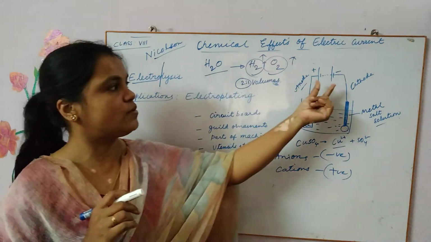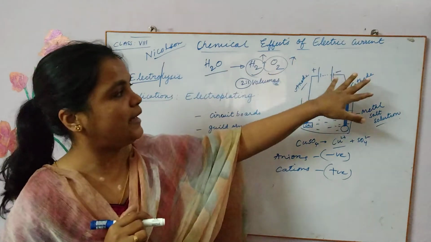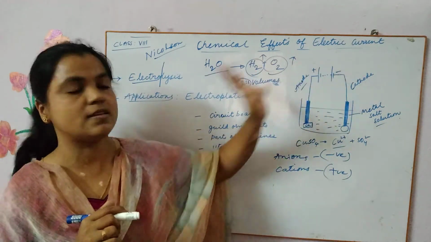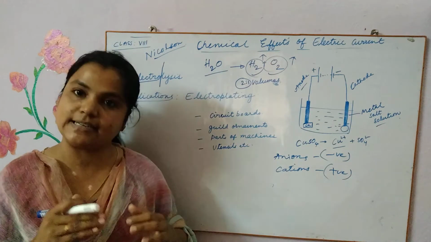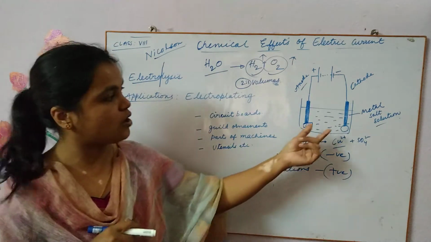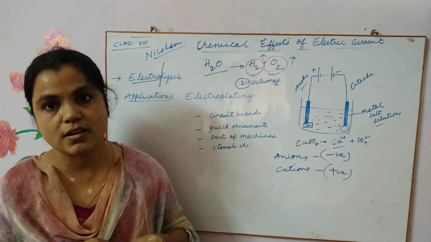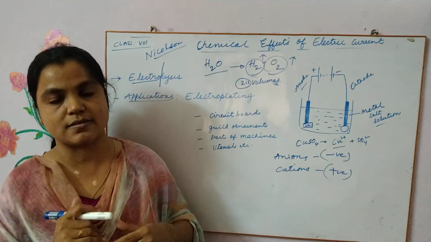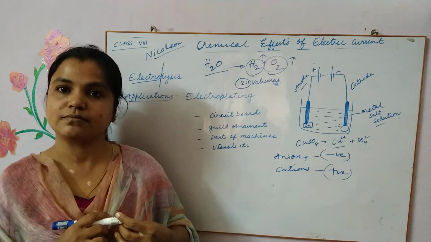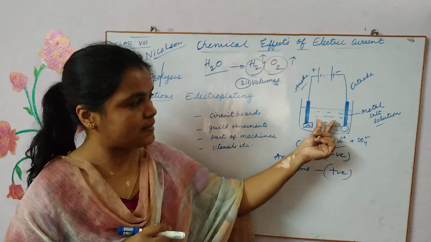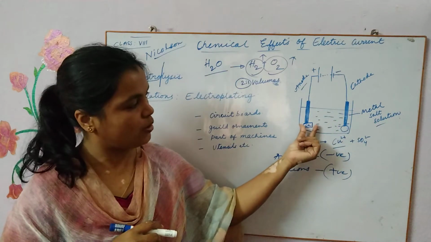Now what happens when you switch this on? When you make this circuit a closed one, electricity will pass through it. Because copper sulfate also is a salt solution, it will allow electricity to pass through. Now what will happen?